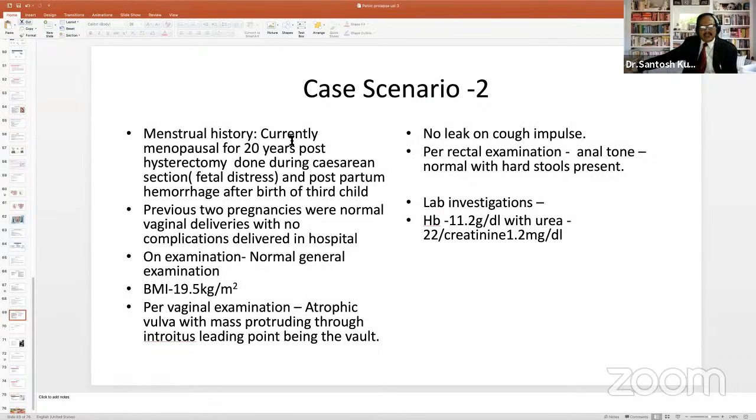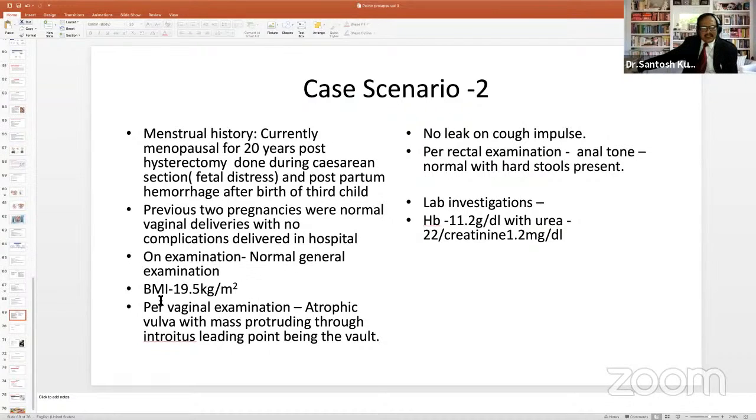Menstrual history: menopause for 20 years, post-hysterectomy, done during cesarean section 20 years ago. Previous 2 pregnancies were normal vaginal deliveries with no complication.